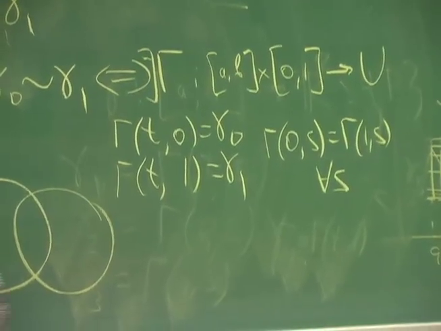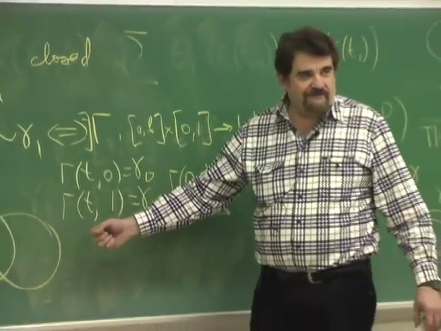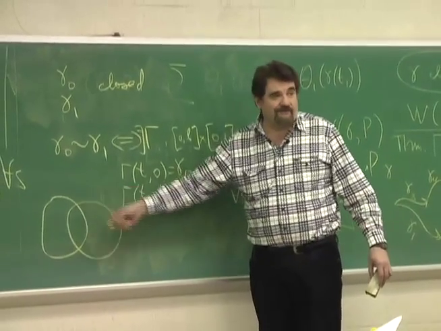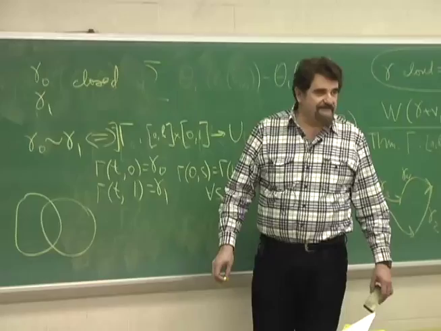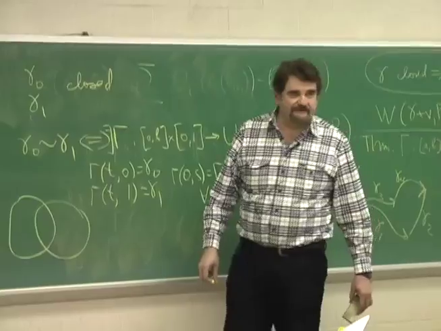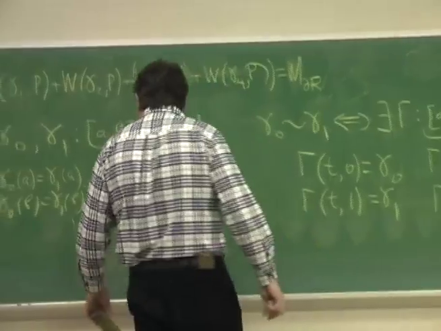In other words, I must be able to drag one curve so that in the end I get the other curve. And this drag should be continuous. Okay, very good.